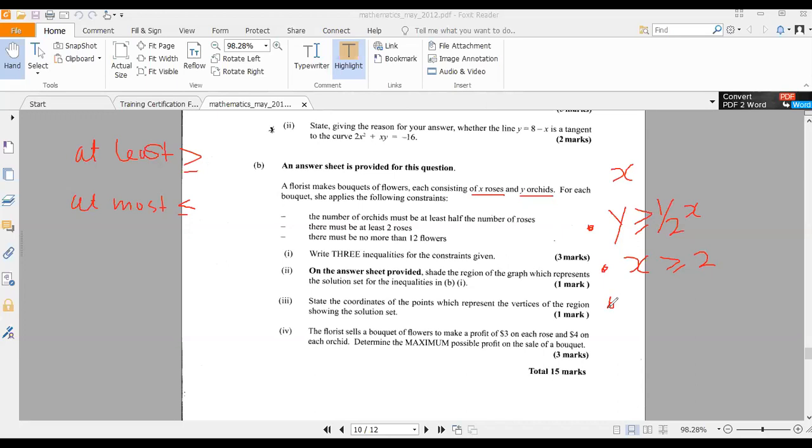The roses and the orchids, right? So it will be X plus Y. It should be no more than. So what will I use? When I say no more than, is it greater than or less than? Less than or equal to 12. So this will be the third one. There were 3 inequalities for 3 marks.